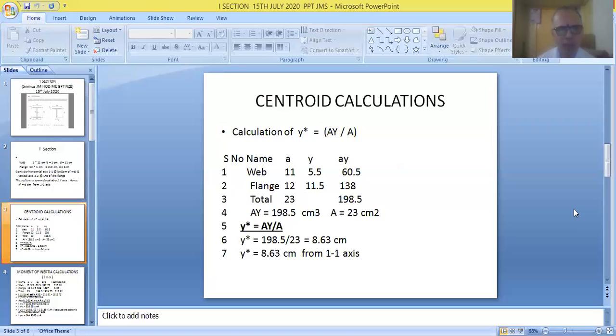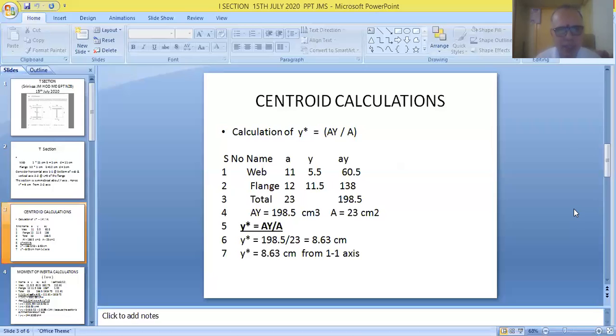You know the value of A, you took the value of Y, so simply multiply these two terms. AY is simply the product of A and Y. The A value is available in the third column, the Y value is available in the fourth column, so multiply these two values and you will be in a position to measure AY values for all the components.